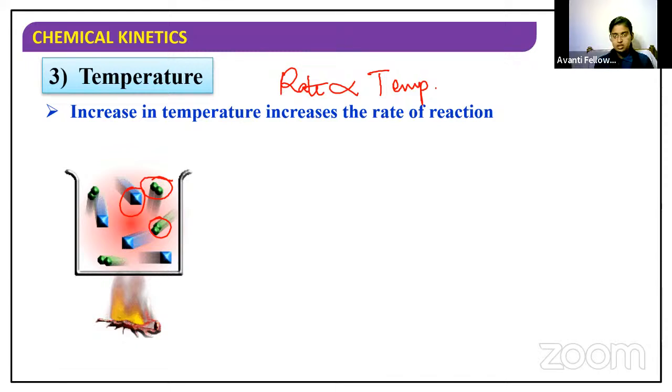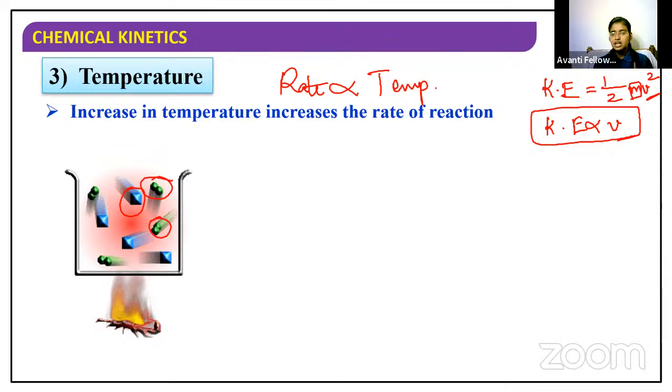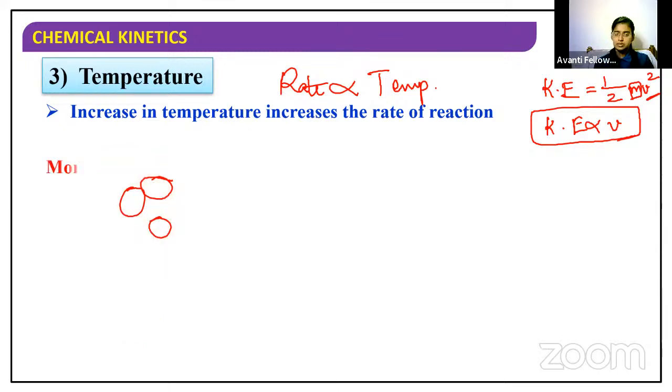So what will happen to the kinetic energy? Kinetic energy is nothing but half mv square. Mass is constant, velocity is increasing, so kinetic energy and velocity are directly proportional, no? If velocity increases, kinetic energy also increases.